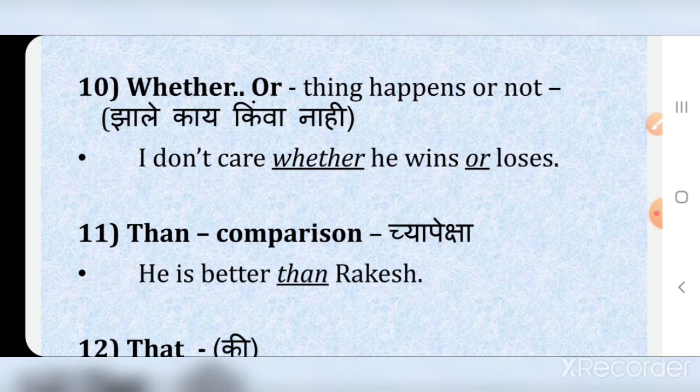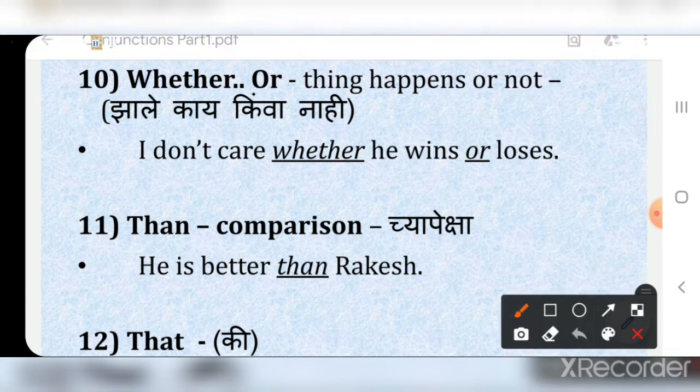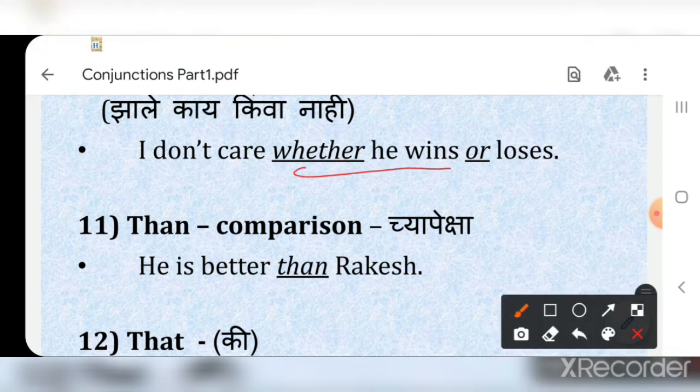Here, whether, then one sentence or one thing you have to mention, and then or, then another thing. I don't care whether he wins or loses. मला काही फरक पडत नाही जरी तो जिंकला किंवा हरला तरीही. Okay, such types of sentences we make with this whether dot dot or conjunction.